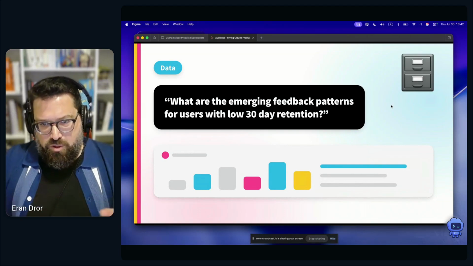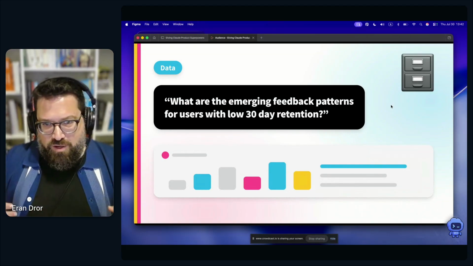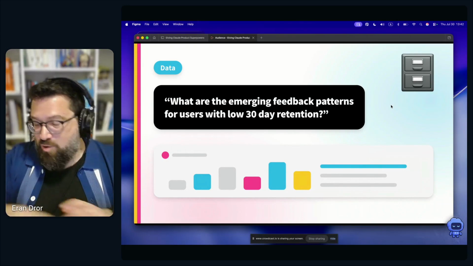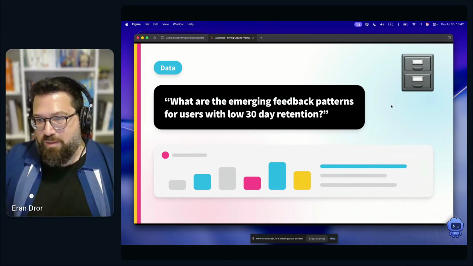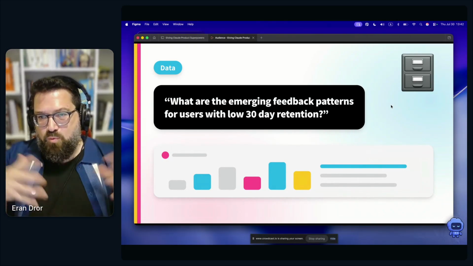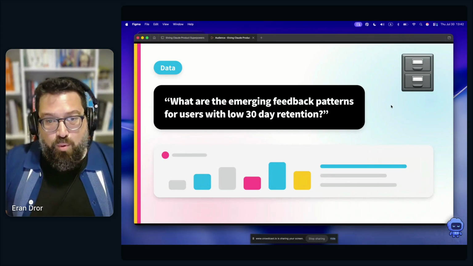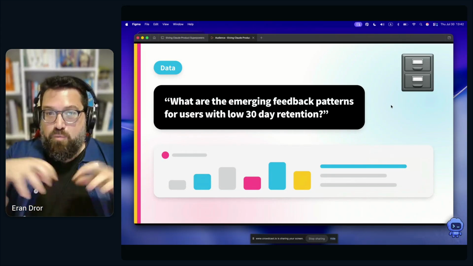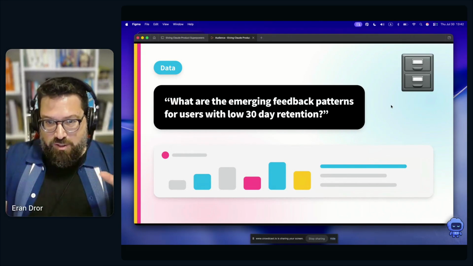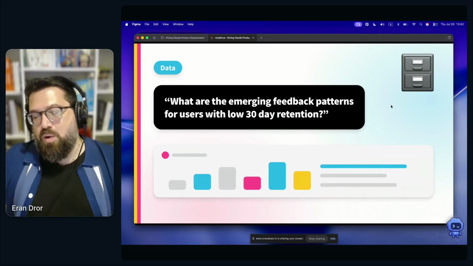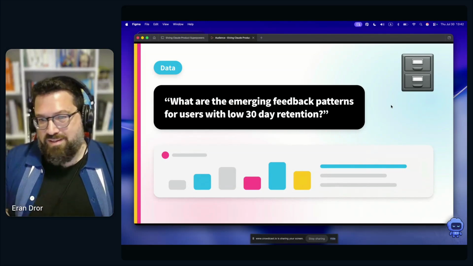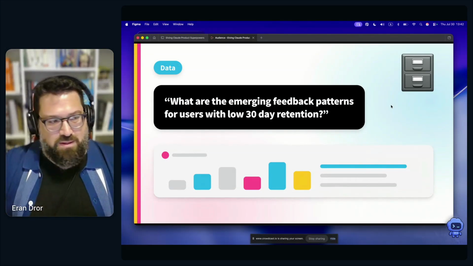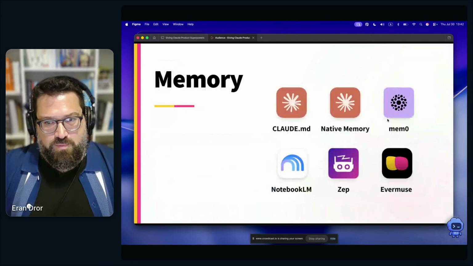Look for every mention of Jira and give me a summary of what's being said about Jira across everything we've ever heard from anybody. That's where the data becomes really important. And once again, if you process it and already have the patterns and clusters ready, that's even faster because you can ask a vaguer question, like, what are some patterns we're seeing? And then the Jira integration could be in there.